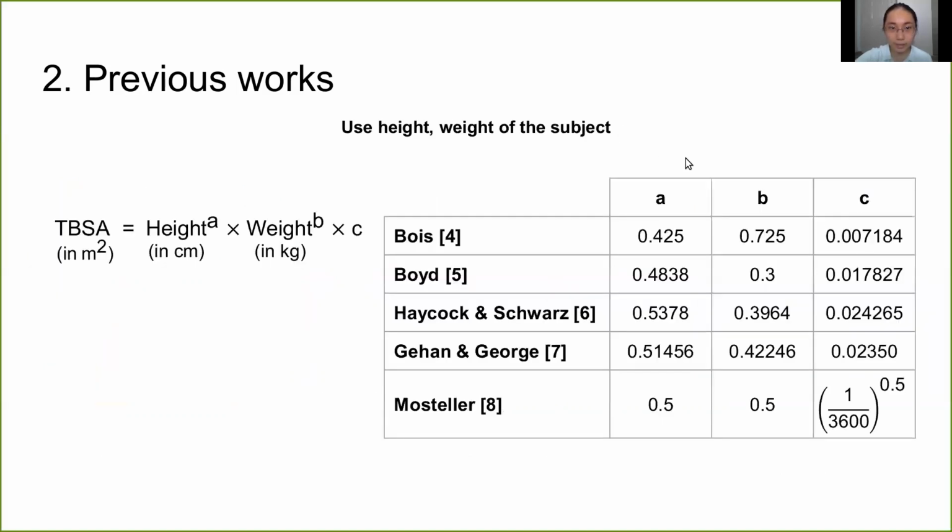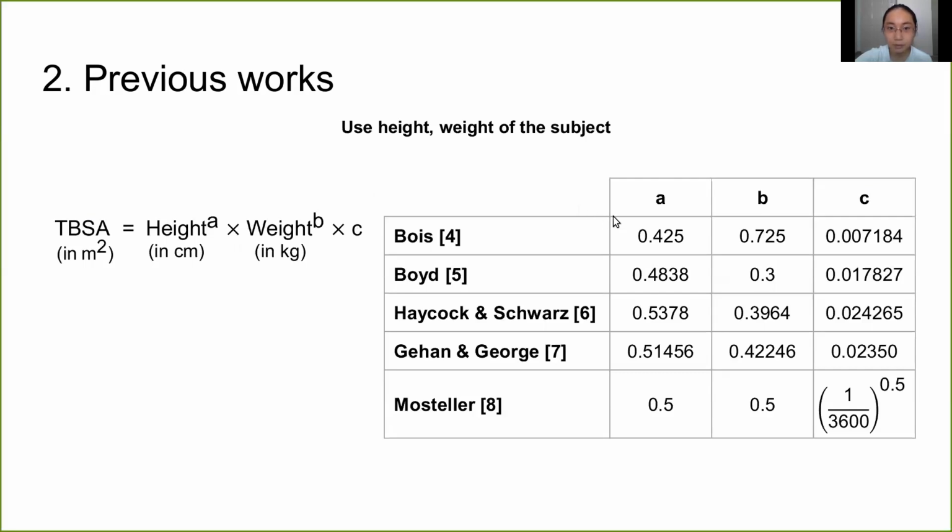So to eliminate these issues, formulas that predict a patient's TBSA based on his or her specific height and weight were proposed by other researchers. They use this nonlinear equation with different values of A, B, and C derived from each researcher's experiments. The constants A and B describe the importance of height and weight.